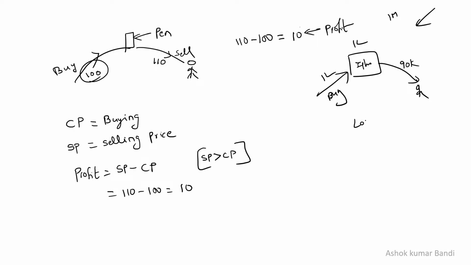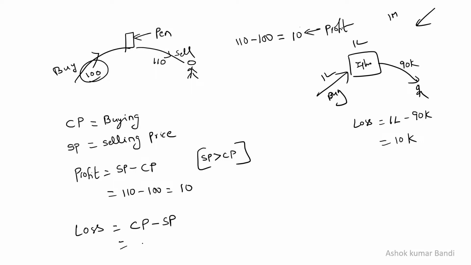Your loss is the difference between cost price and selling price. For example, here I am buying for 1 lakh, but I am getting only 90k. That means I am selling it to my friend for 90k. So here the loss is 10,000 rupees. So in our case, loss is always equal to the difference between cost price and selling price. Remember, profit is selling price minus cost price, but loss is cost price minus selling price.